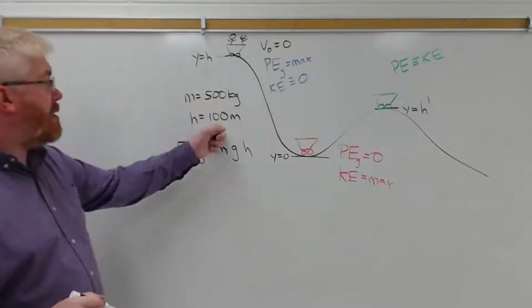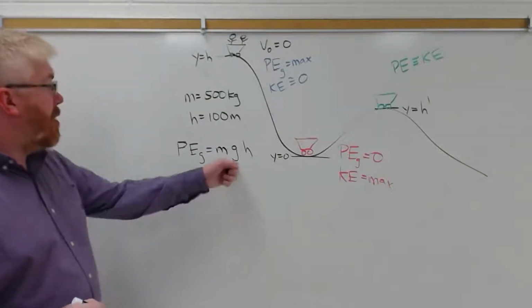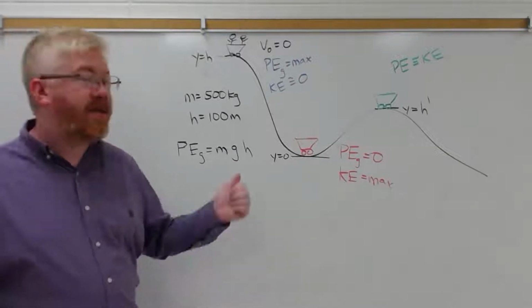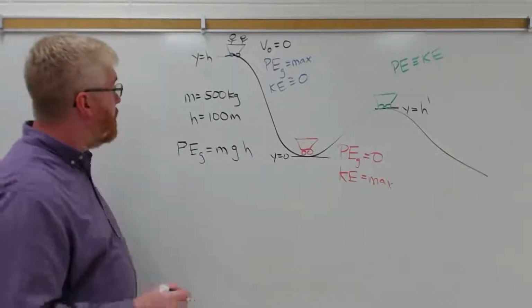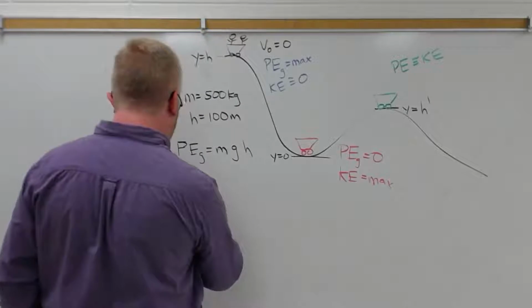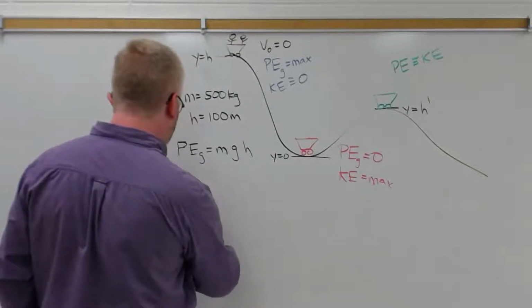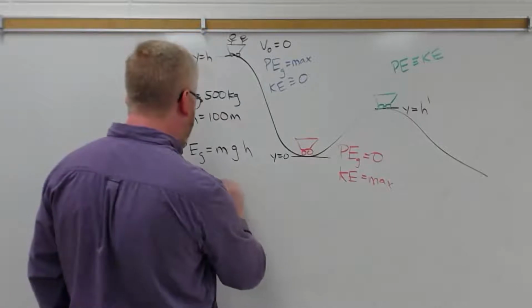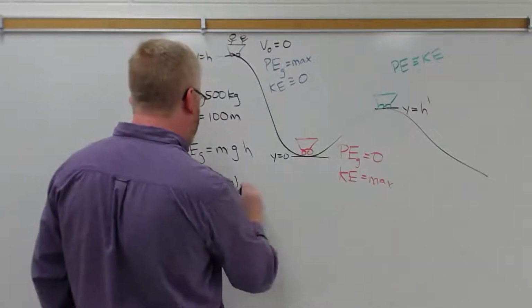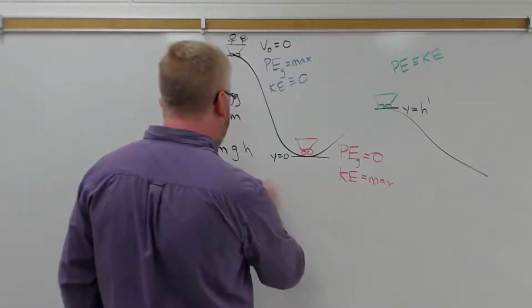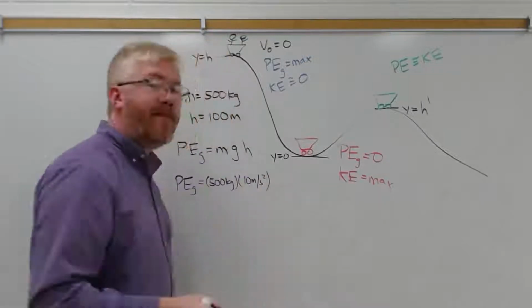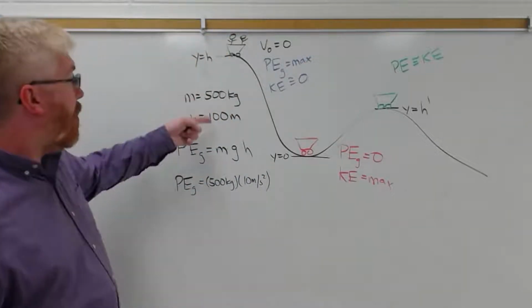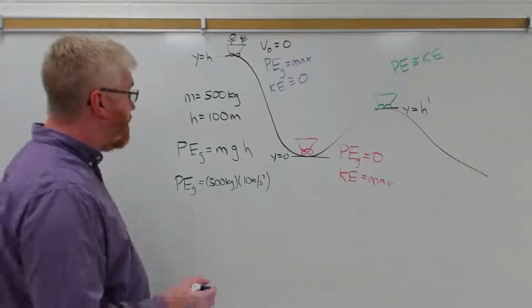We know what the mass is. We know what the height is. G, I'm going to approximate it to be about 10, so I can do this math in my head. So the gravitational potential energy will be 500 kilograms times approximately 10 meters per second squared. We all know it's 9.8, but I'm only going to worry about one significant digit, so I'm rounding it to 10.